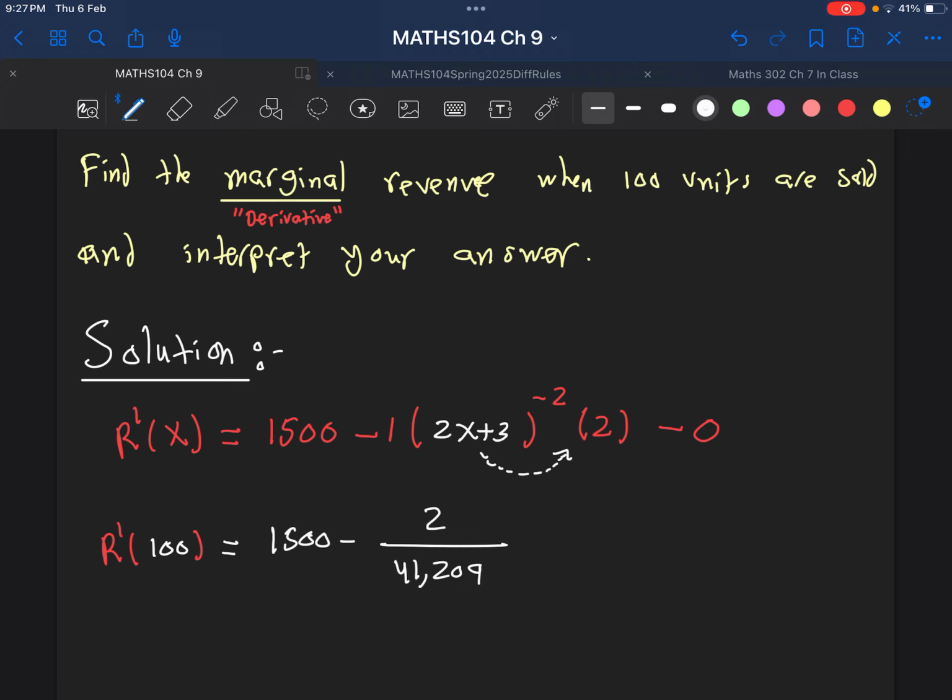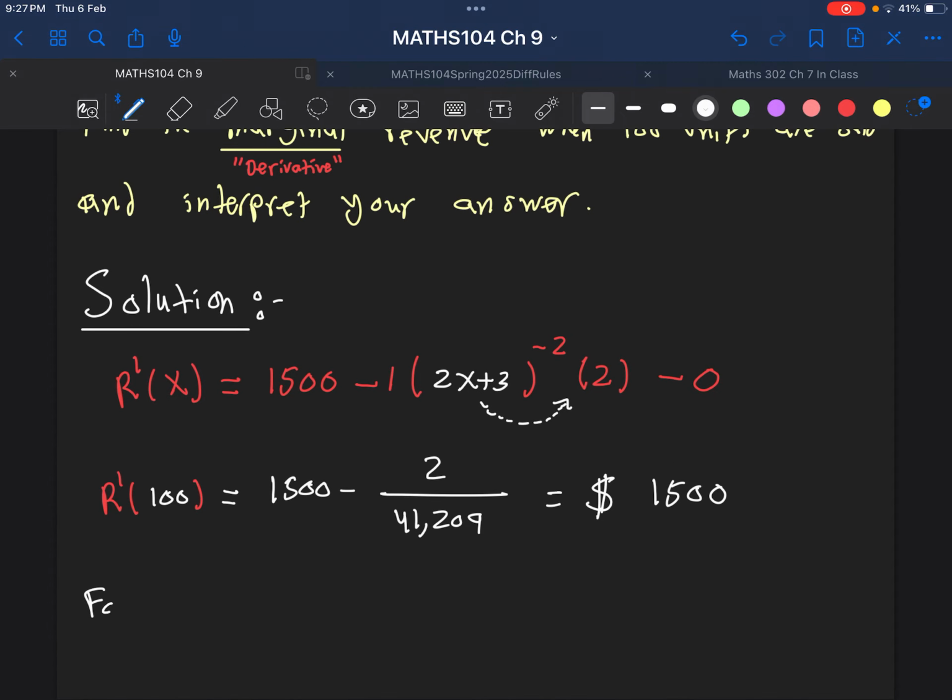Which will be just, in approximation, $1,000, which will be just $1,500, which means for every unit sold after 100 units has been sold.